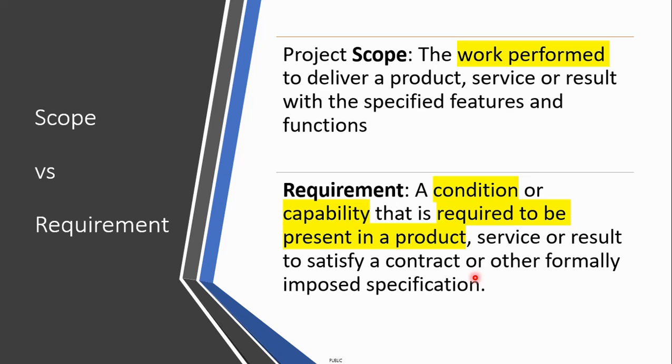The requirement of a product is a condition or capability that is required to be present in the product. So as we explained earlier, there's a clear distinction between the project scope and the requirements. In the PMP examination, you need to understand this difference between the project scope and the requirements.